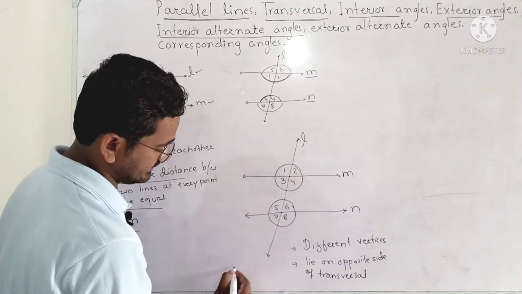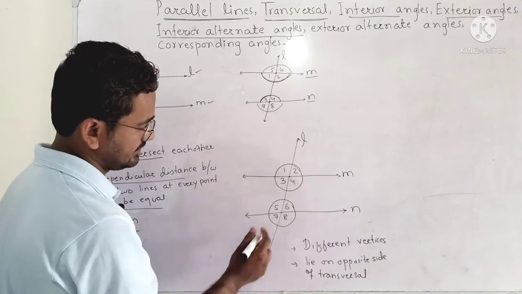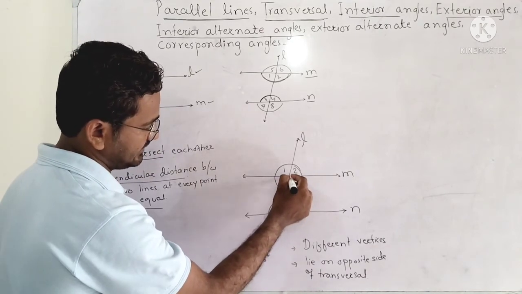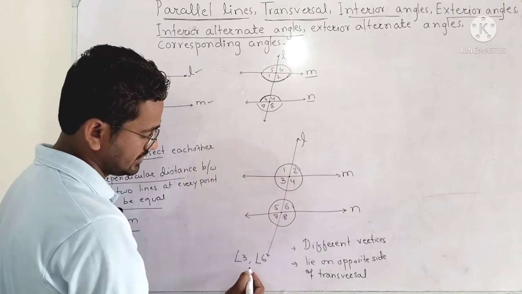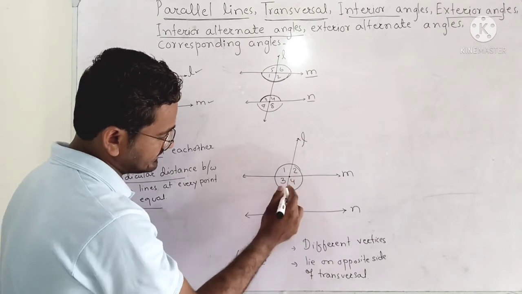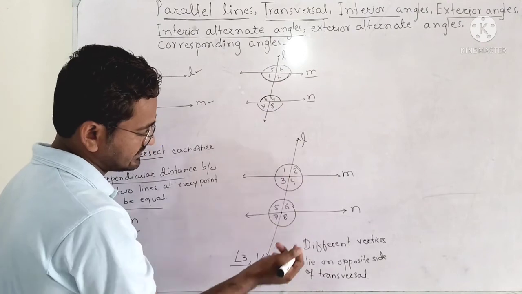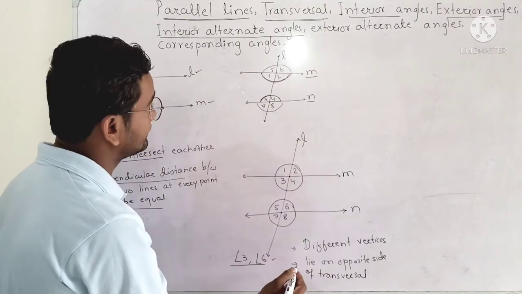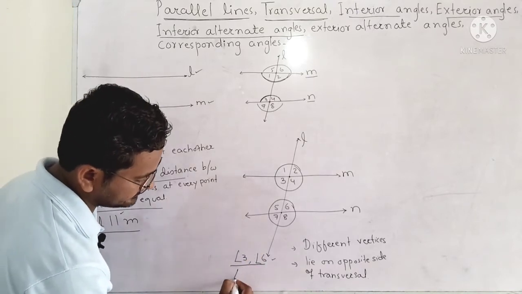Suppose here angle 3 and angle 6. This is the vertex of angle 3, this is the vertex of angle 6. So they have different vertices and lie on the opposite sides of the transversal. Angle 3 is here, angle 6 is here. So these angles are called interior alternate angles.